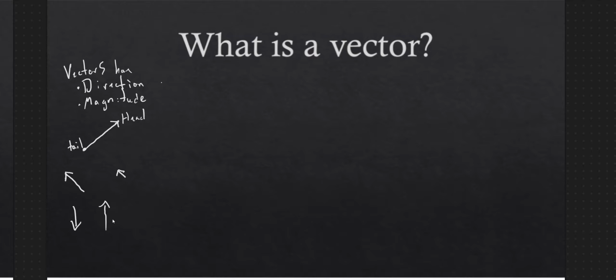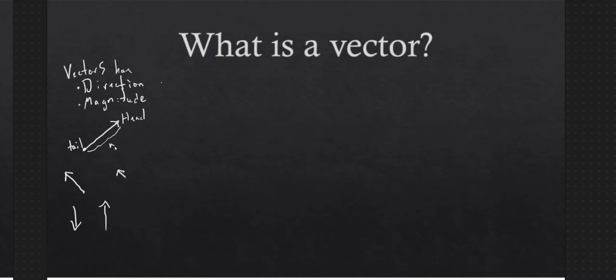And the great thing about these arrows and why they serve as a model for vectors is because each arrow I can think of as just expressing two quantities, right? Each of these has a direction, a way that it is pointing, and a magnitude being the length of the vector. So in this case, this would be the distance between the tail and the head.